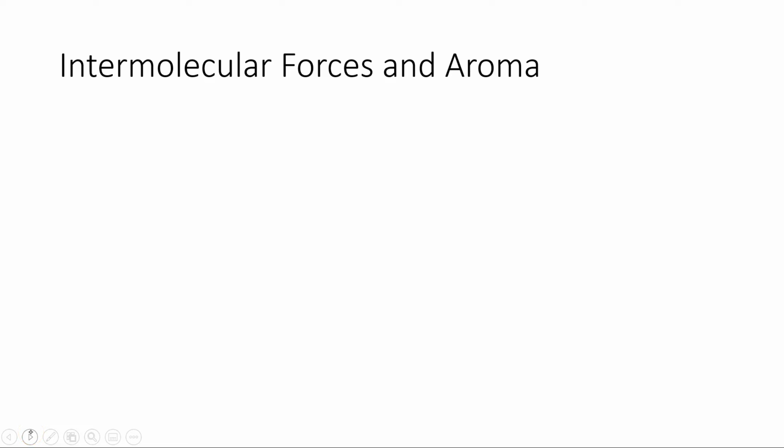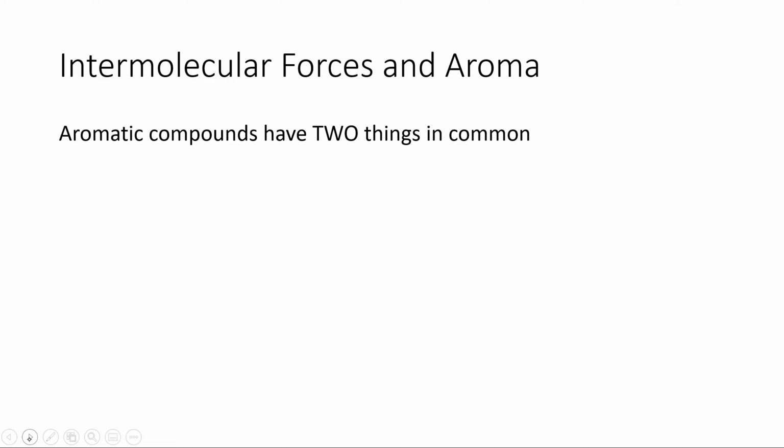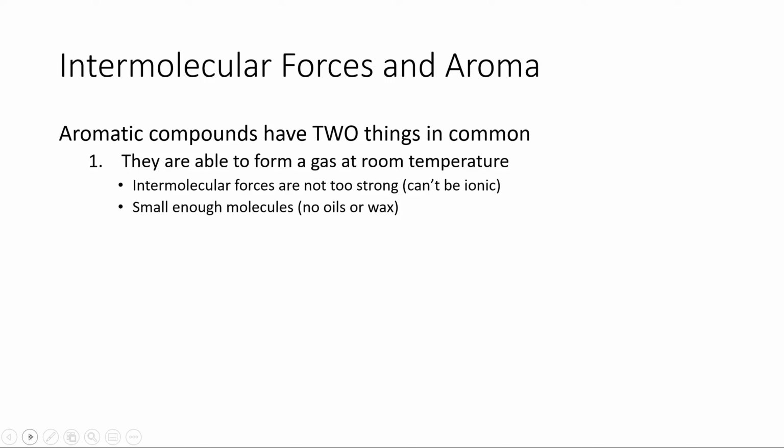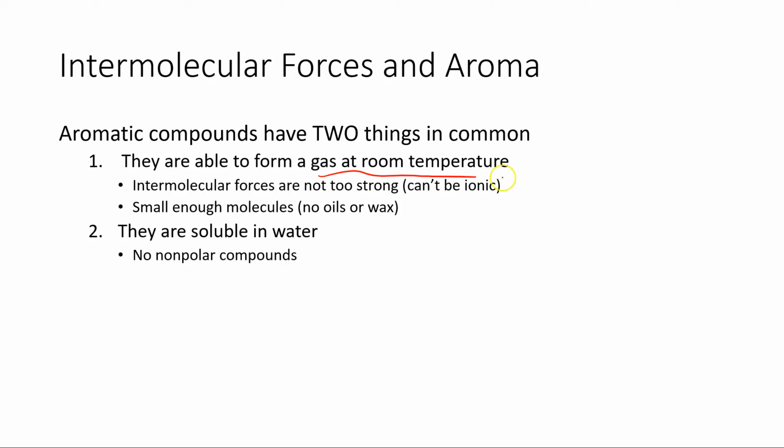So, getting to aroma. First of all, we had to understand those first two properties first, because things that have an aroma have two things in common. One is they are able to form a gas at room temperature. And two, they are soluble in water. Right? So one of the things I want us to think about first here is what types of things have lower boiling points. So that basically rules out ionic compounds.